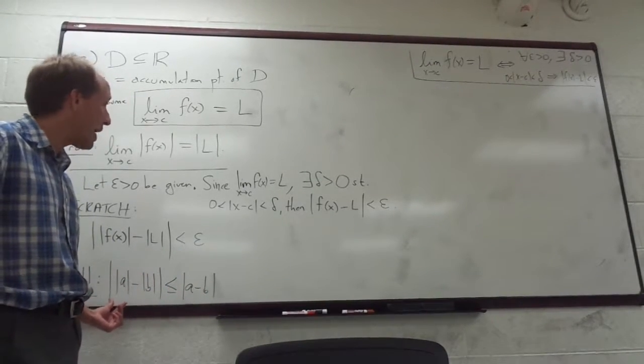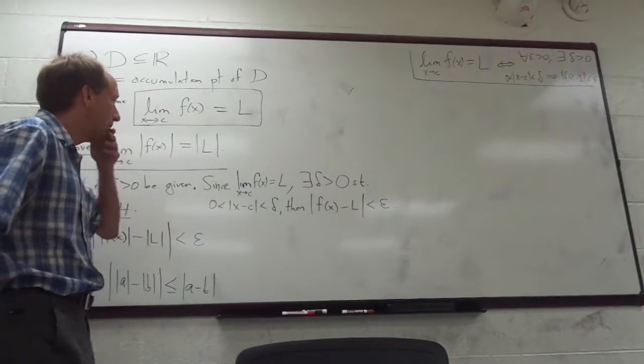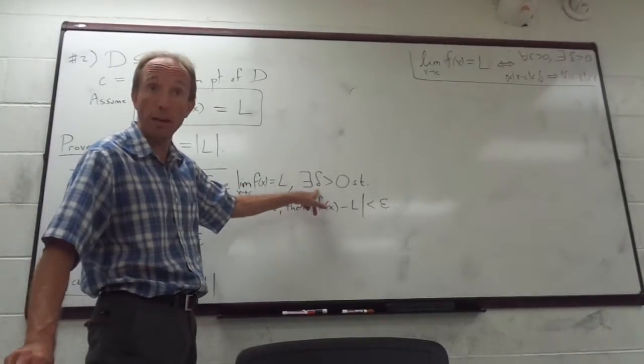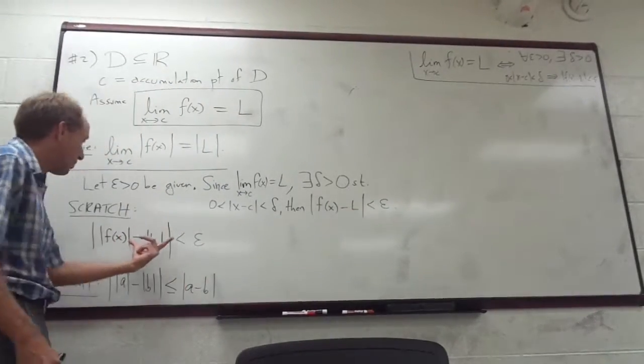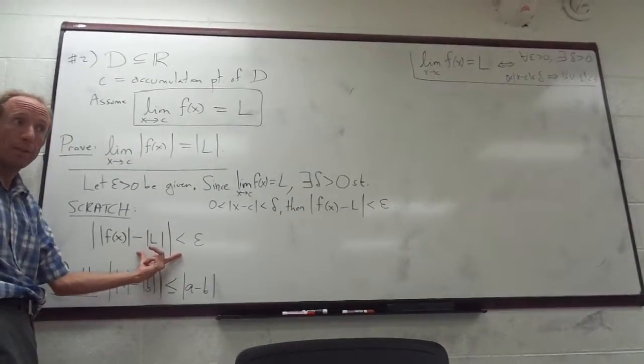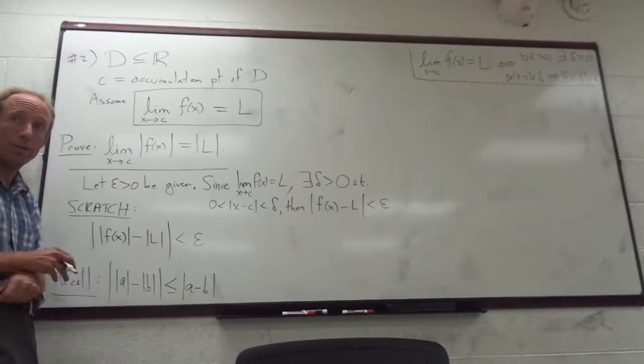So if we already have found a good delta that makes this one true, and we want this one to be true, what can we do?